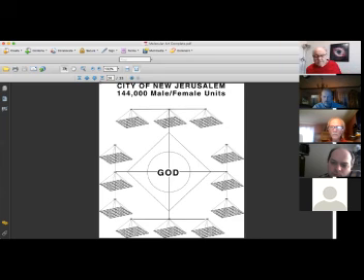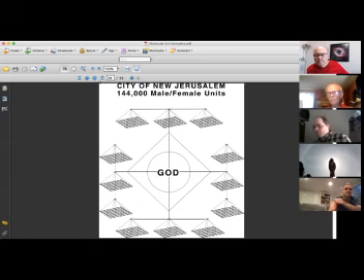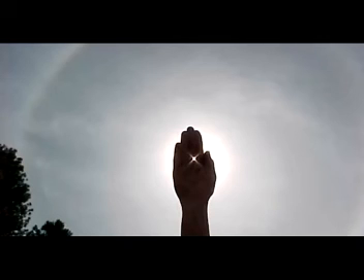Okay, anything else? Yeah, I wanted to share that the photograph I've got up now was taken at the first gathering, on our lunch break. I wouldn't call it a rainbow because it was a complete circle, and that circle had a rainbow circle around it, with the colors in the opposite order.